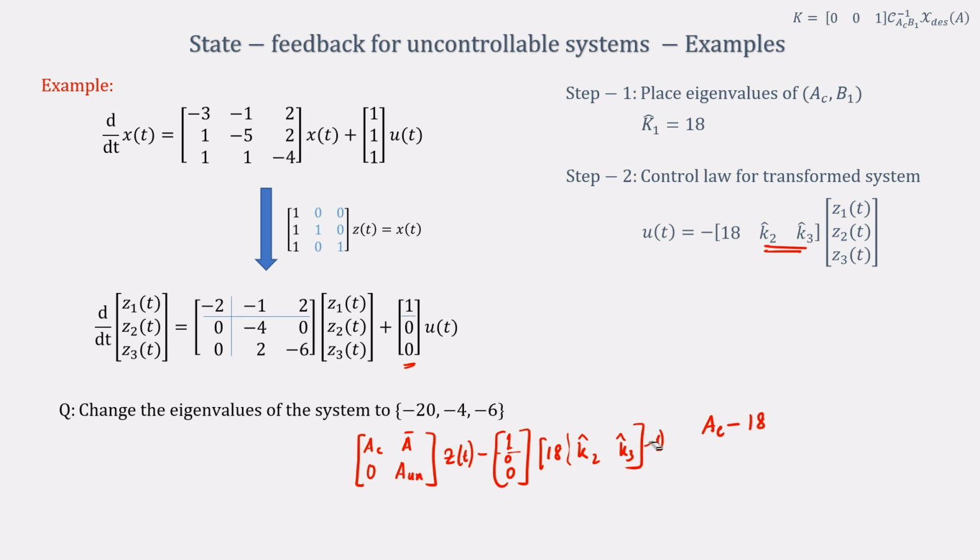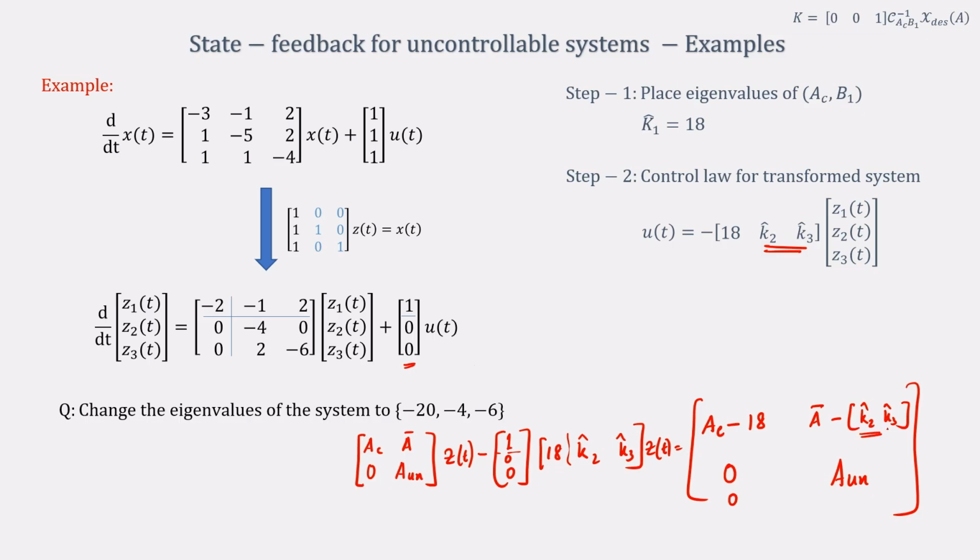Z_T is here. So, we get A_C minus 18, then we will have here A bar minus K2 hat, K3 hat, and then we will have 0 here, 0 0 and 0 0 0 0, and A_UN.